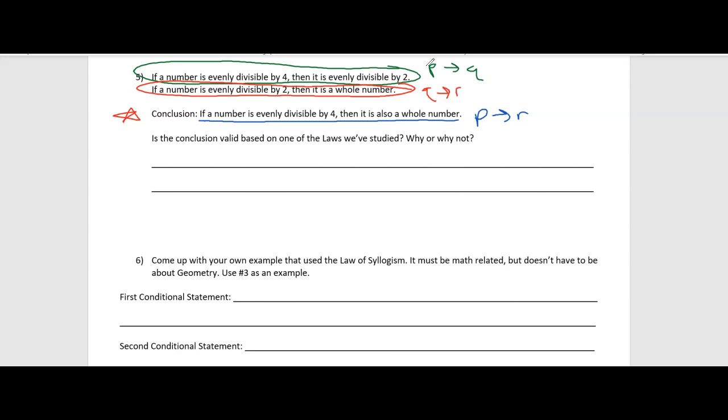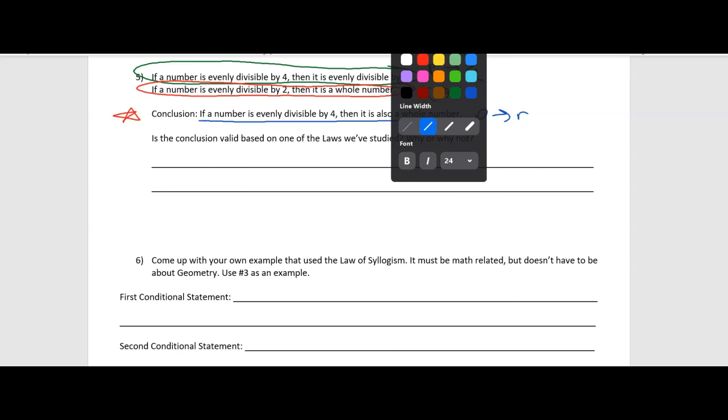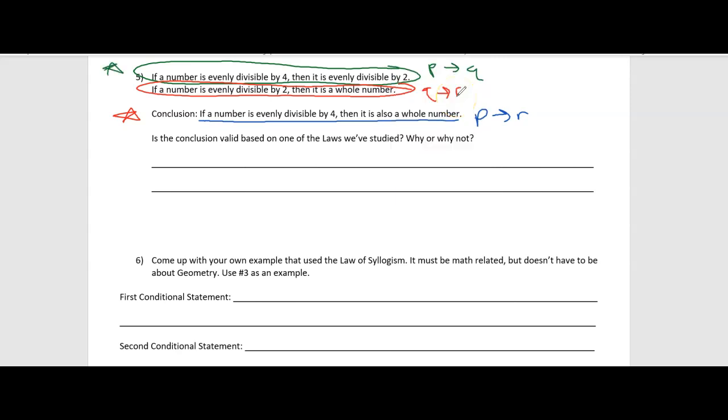Okay, so for the law of syllogism, we have to have two conditional statements, and they have to be linked by a common Q, right? And they are. So the Q here is a number being evenly divisible by 2. What also has to be true, though, is that the conditional statements have to both be true to start with. Okay, so we have to check to see that this green one is true and that this red one is also true.